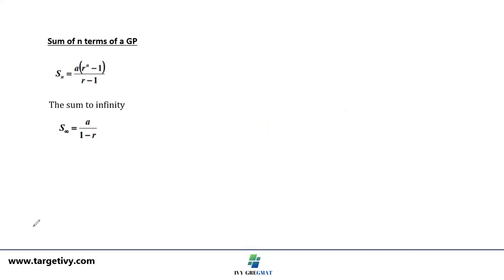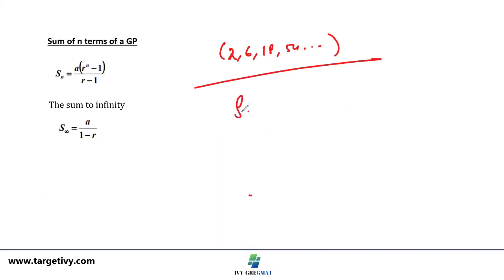So obviously a similar situation may arise that the numbers are, say, 2, 6, 18, 54. The sum of the terms in the GP will be Sn is equal to a into r to the power n minus 1 divided by r minus 1.